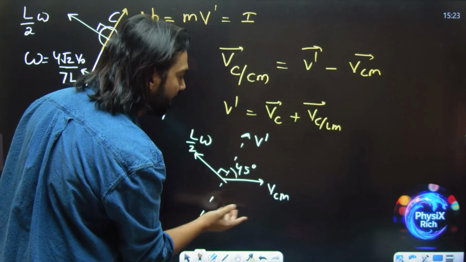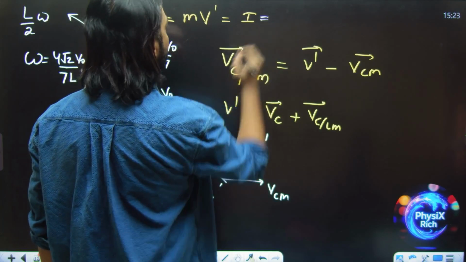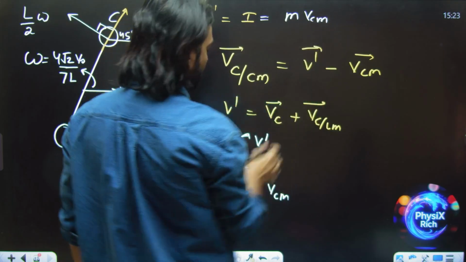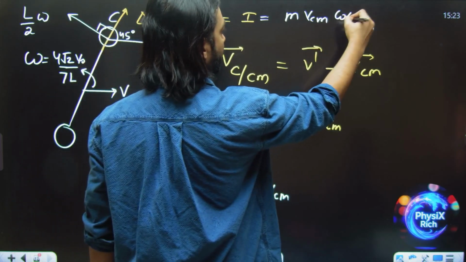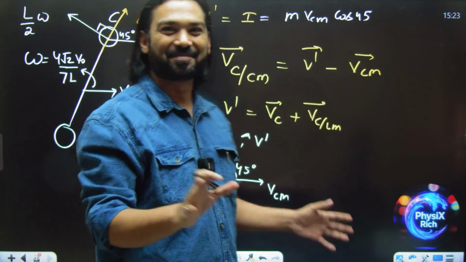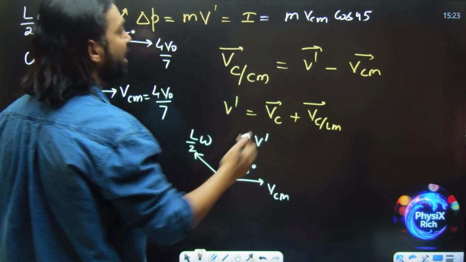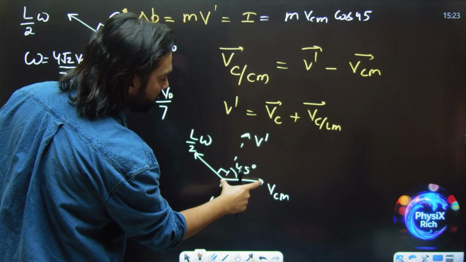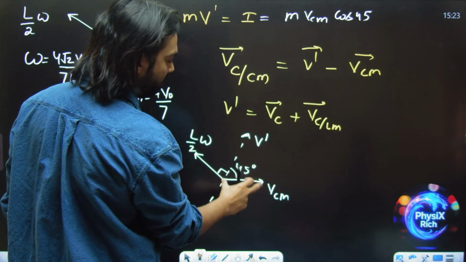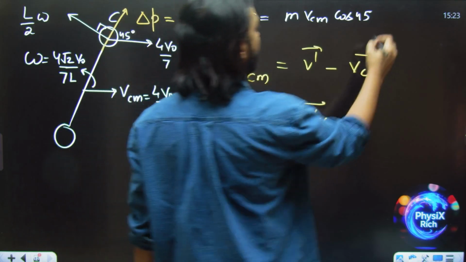So all I need to find is VCM cos 45. That's it. Problem over. We are doing it because the component of L by 2 omega over here is not going to exist. The component of VCM over here will be VCM cos 45, and that will be simply M times that.